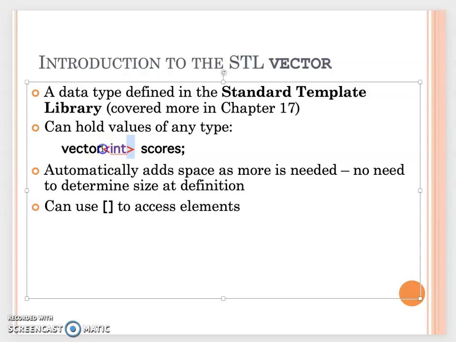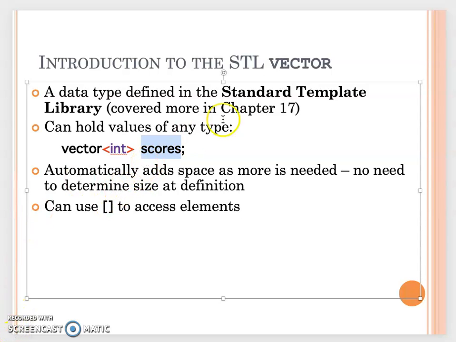Before the angle bracket is the data structure, or we say the class type. If we want to declare a vector of integer data type, we use the vector object name with the angle bracket. The angle bracket will contain the data type we want to include in the vector. Then here, scores will be the vector object name.